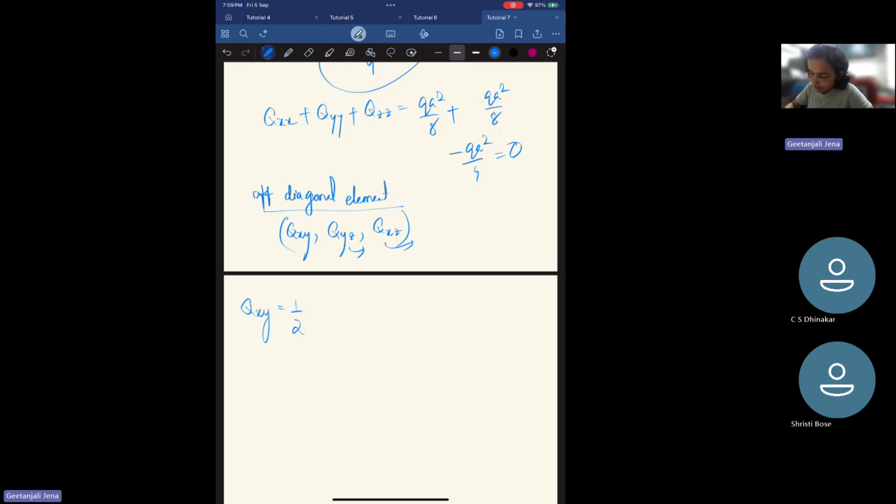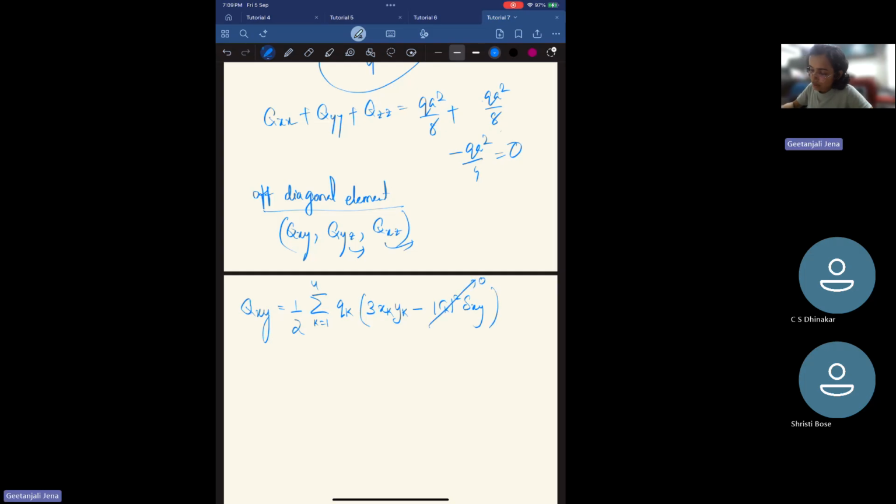This is summation k from 1 to 4 of qk times 3 xk yk, where rki is xk and rkj is y, minus rk squared delta xy.